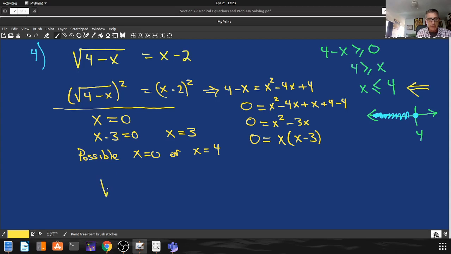Let's plug in x is equal to 0 to the original. So the square root of 4 minus 0, is that equal to 0 minus 2? Well, the square root of 4 is positive 2, which is not equal to minus 2.